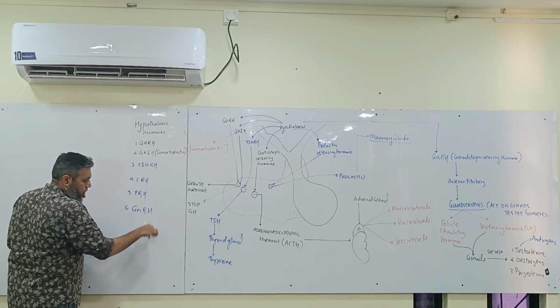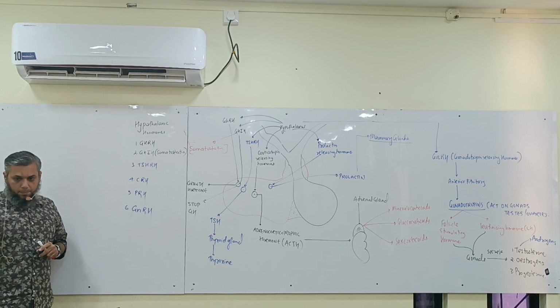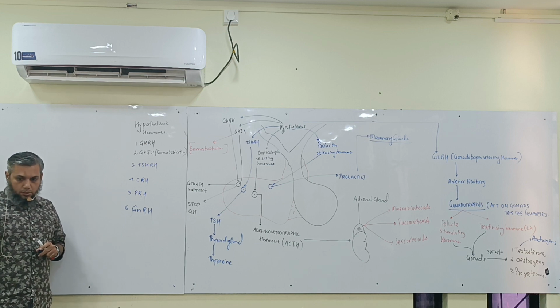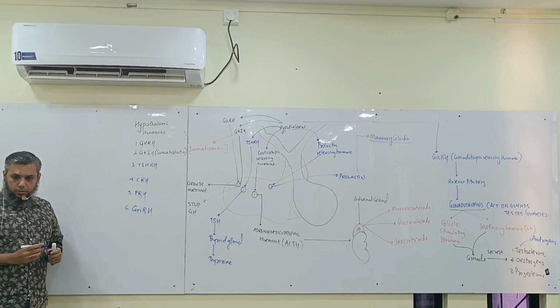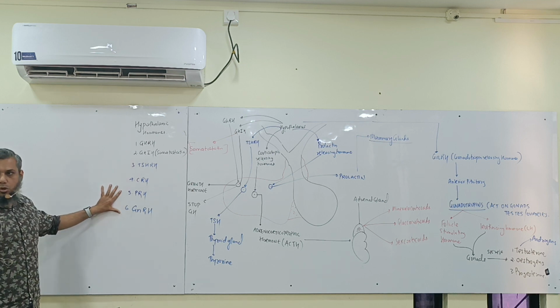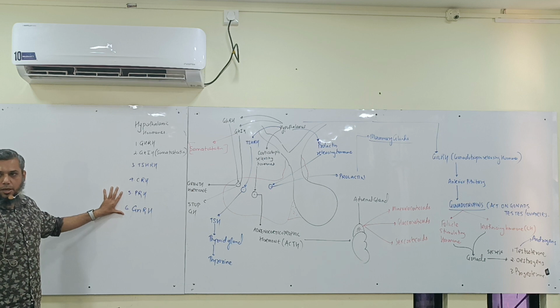Gonadotropin releasing hormone. Yes? Have we missed anything? No. Which ones were? That is the hormone of the pituitary gland. Okay? So this is a list of 6 hormones that are released by the hypothalamus.